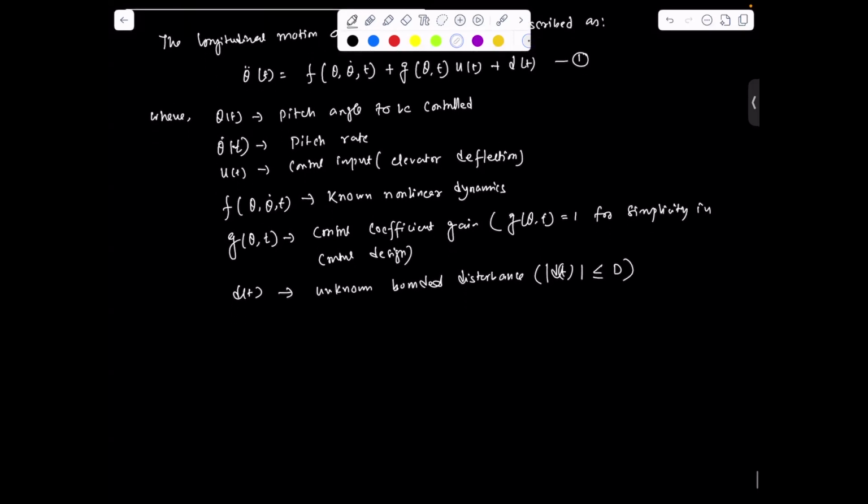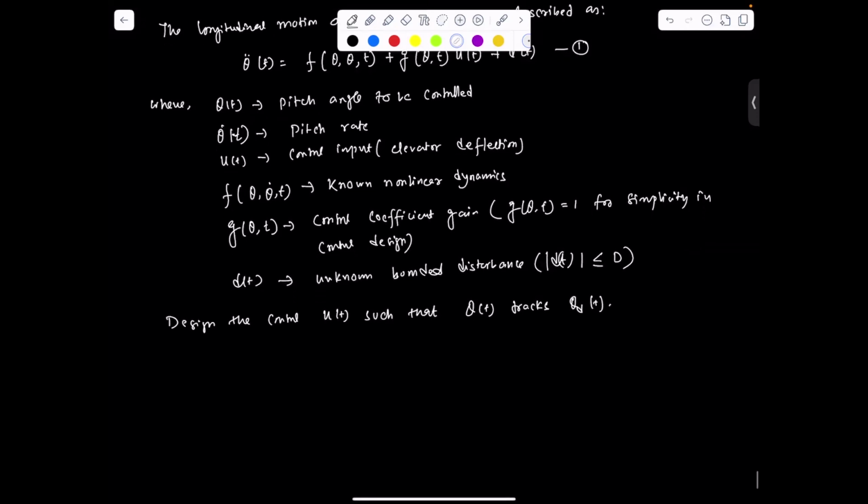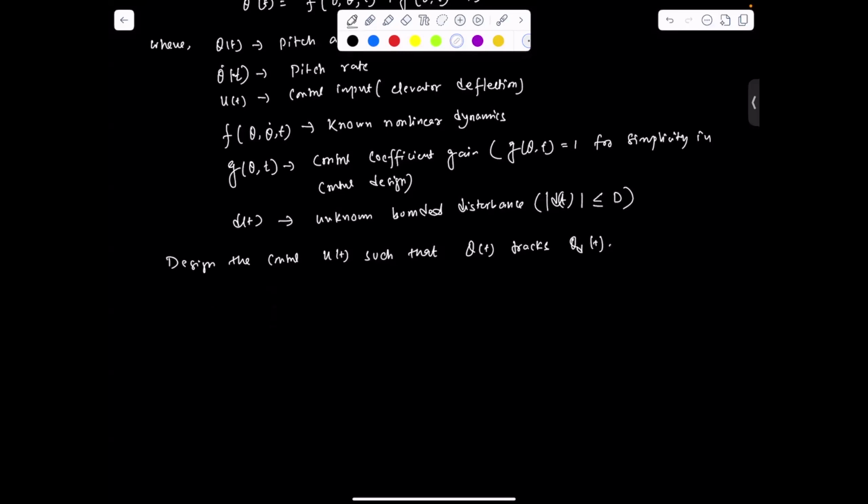And our control objective is to design the control u of t such that theta of t tracks theta desired t. So this is our control objective. Let us solve this problem using finite time sliding mode control.